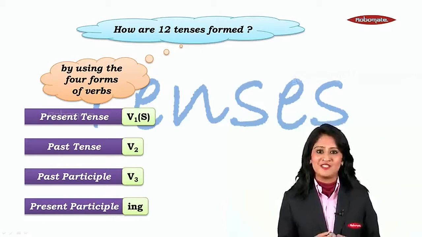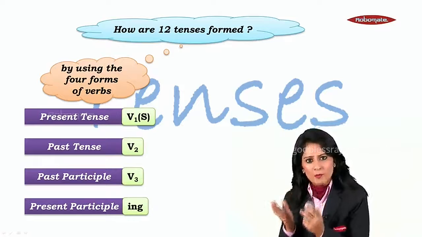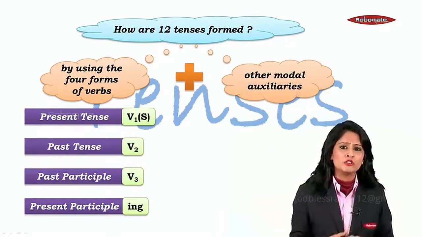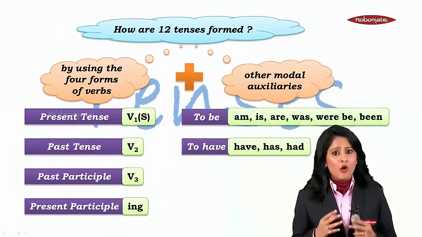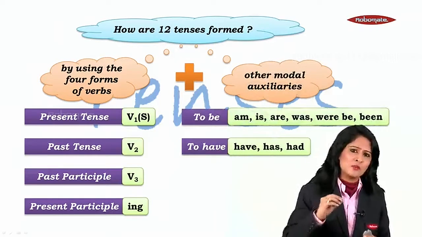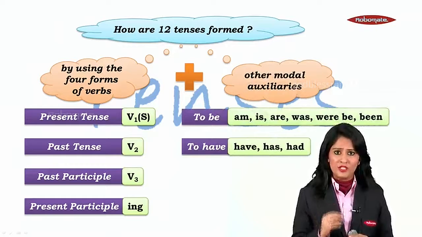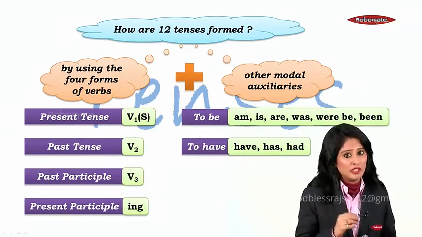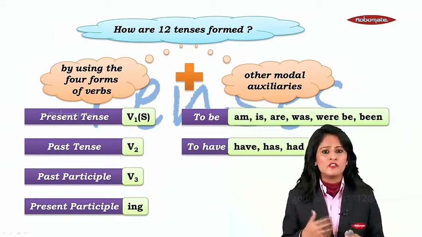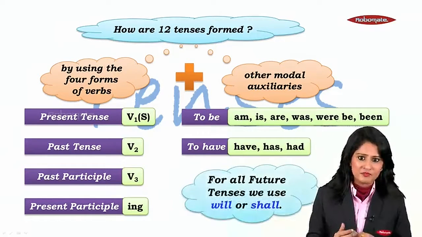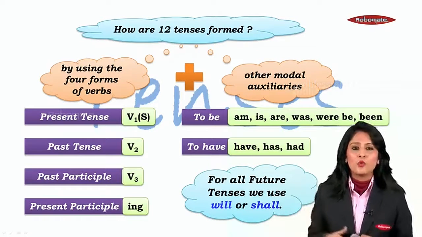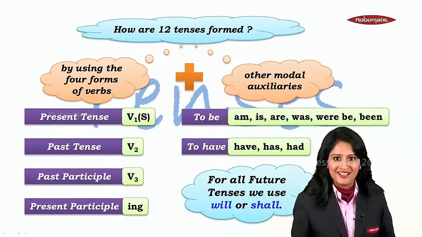So we use some of these and we add a few other modal auxiliaries. Along with that, sometimes we add some other auxiliaries also, like to be, that means am, is, are, was, were, be, been. To have, we will have have, has, had. And for all future tenses, we use will or shall.